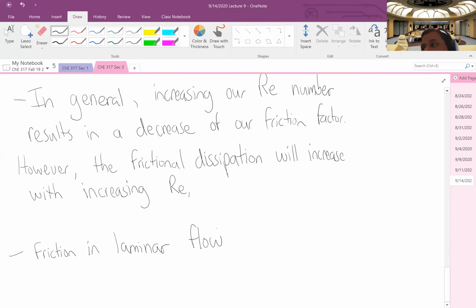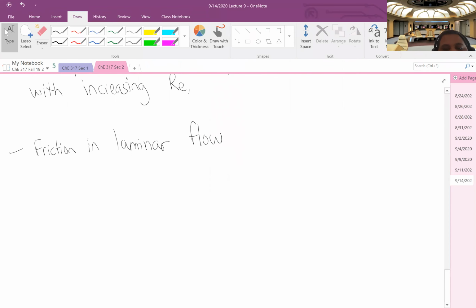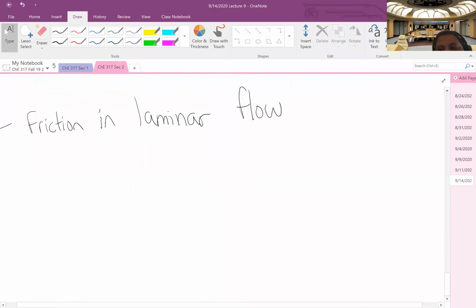Friction and laminar flow. All right, I'll give a little pause because, like I said, I have a tendency to move a little quickly, and I don't want to leave anybody behind.